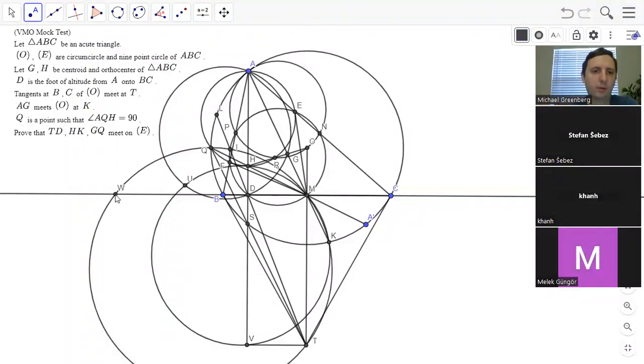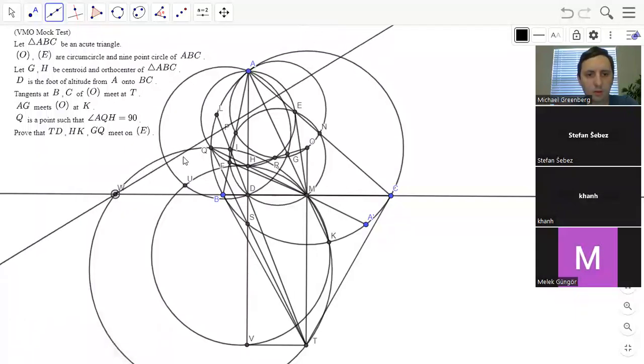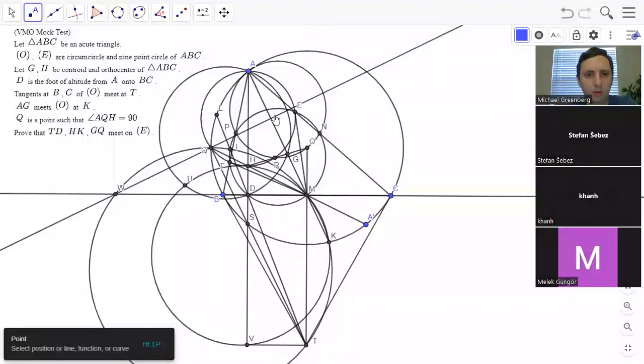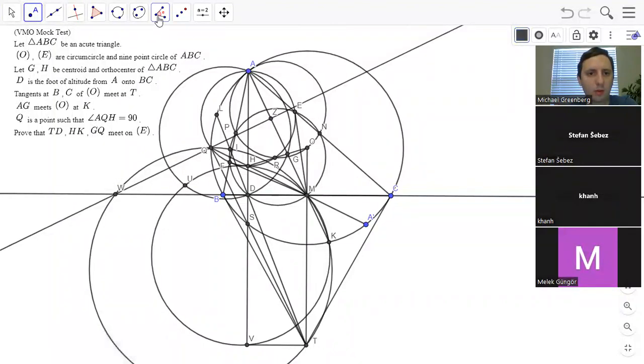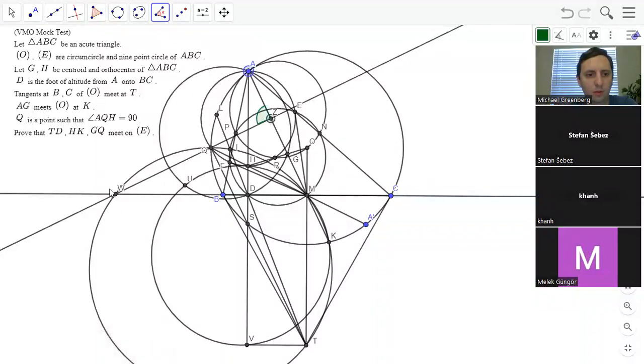Maybe we could prove it that way. Let's see. Is this a right angle right here? No.